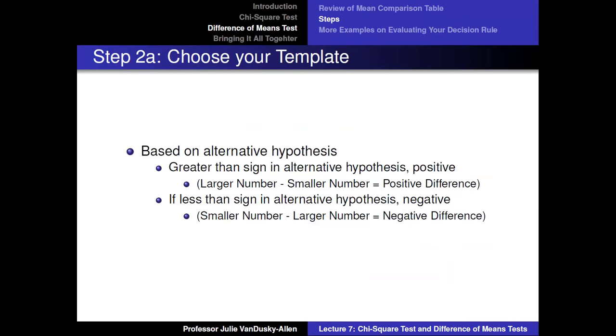An easy way to tell whether you should choose the first or second statement is by looking at your alternative hypothesis. If it has a greater than sign, the difference in means should be positive, because when you subtract a smaller number from a larger number, you will get a positive number.